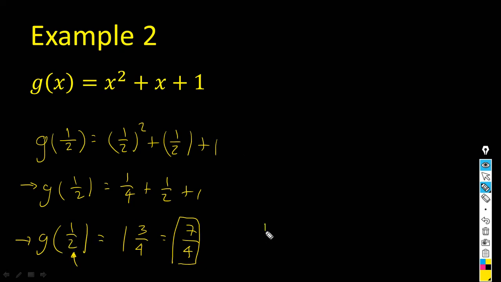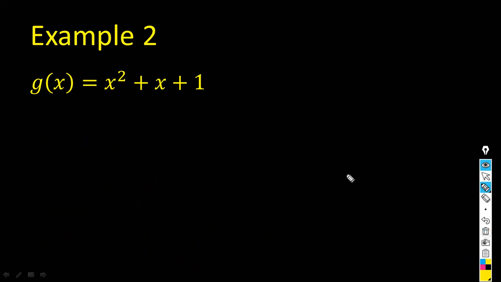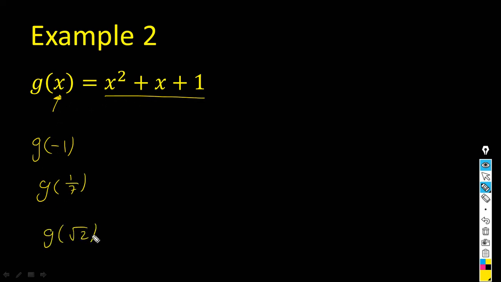So we say that 1/2 belongs or is an element of the domain of g. Okay, why? Because we could evaluate the function in 1/2 and it produced this output. Now again, I don't want to waste a lot of time doing a lot of evaluations. If we notice, this function can actually be evaluated also in any number that I could put in there, g of -1, g of 1/7, g of the square root of 2, whatever.